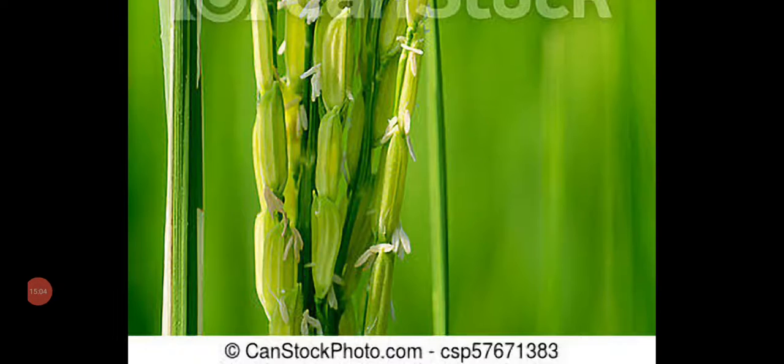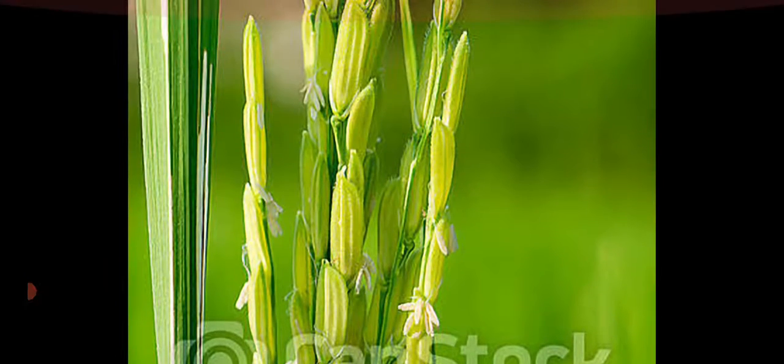Dear students, see the diagram. This is the spikelet inflorescence of wheat. See, the flowers are attached to the inflorescence axis without stalk. Those flowers are known as sessile flowers.